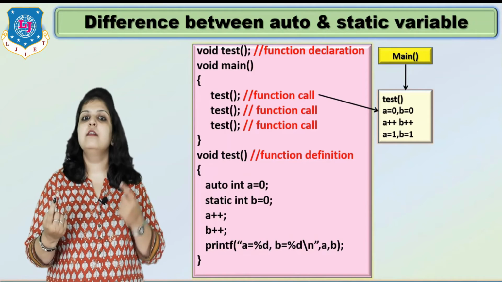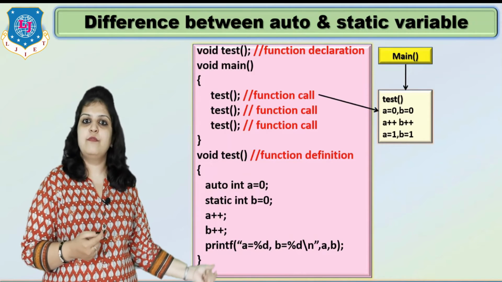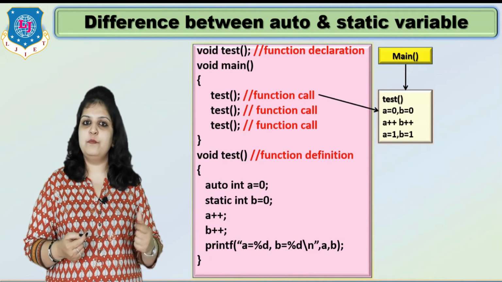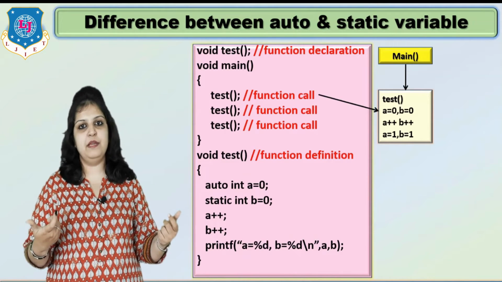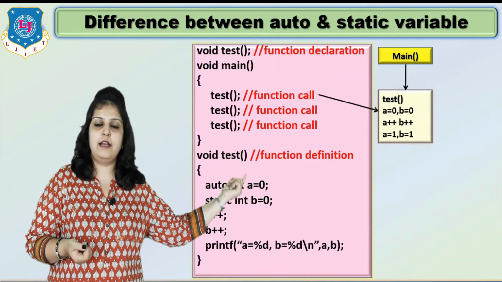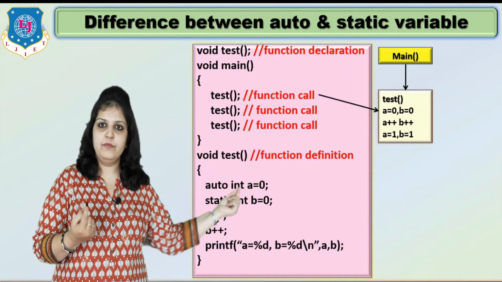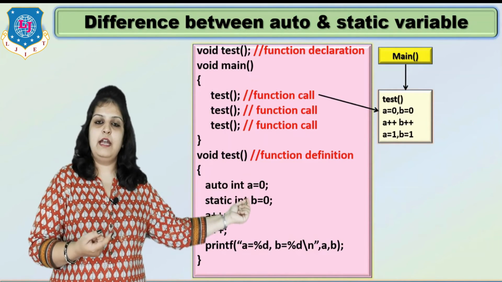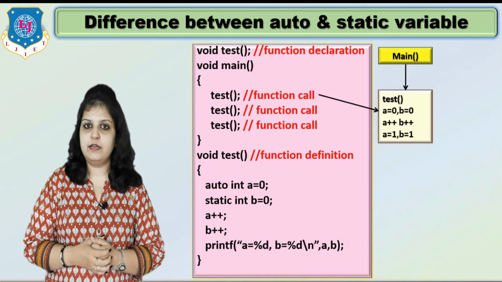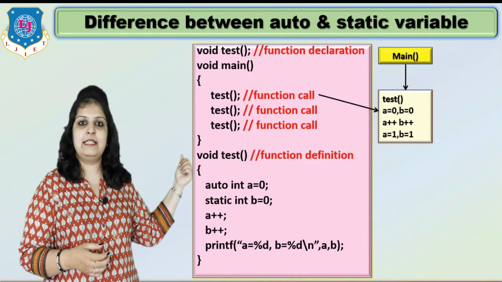So a becomes 1, b also becomes 1. So when this printf executes, our output is a is equal to 1 and b is equal to 1. In the diagram you can see that in the main function, when test is called the first time, a will be 1 and b will be 1.